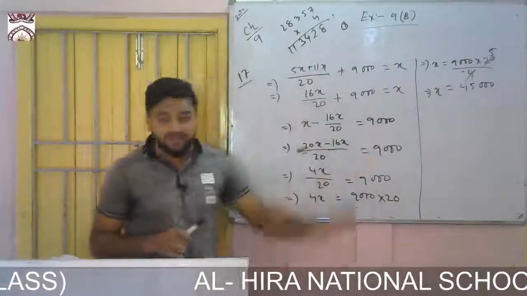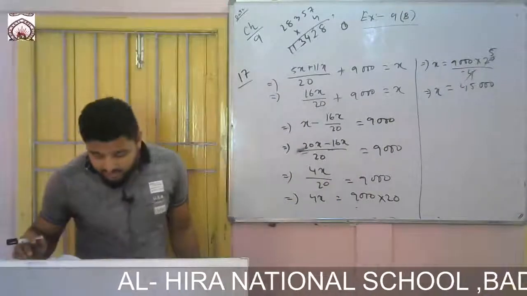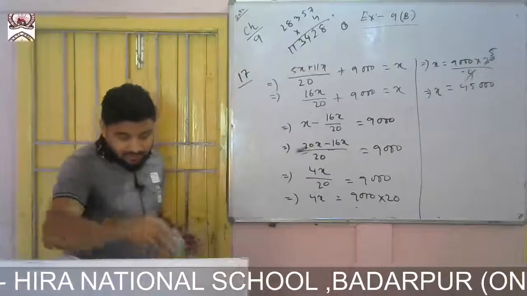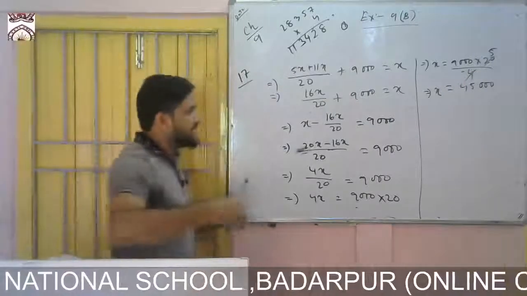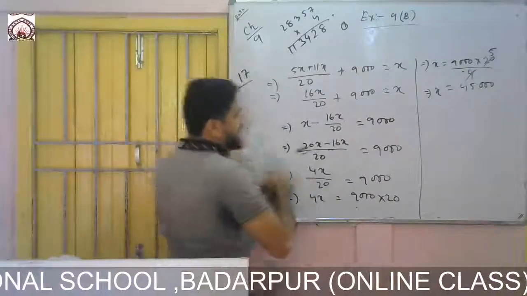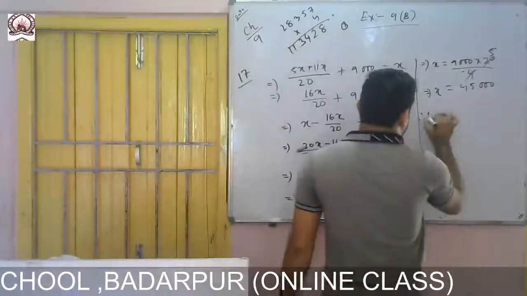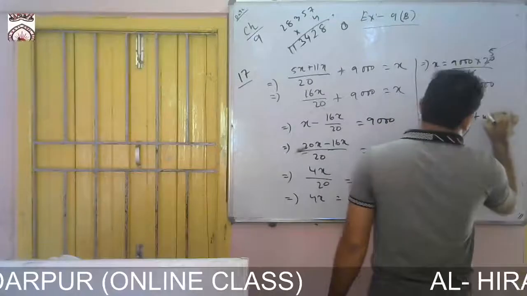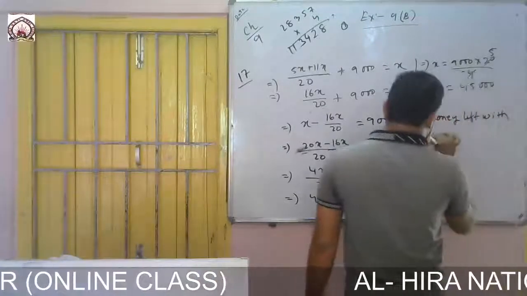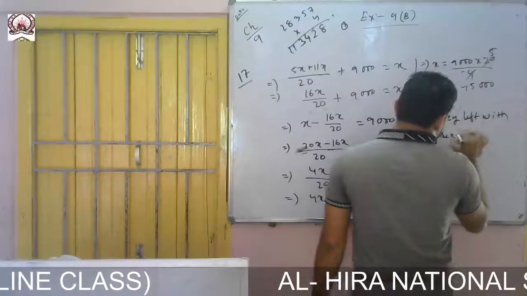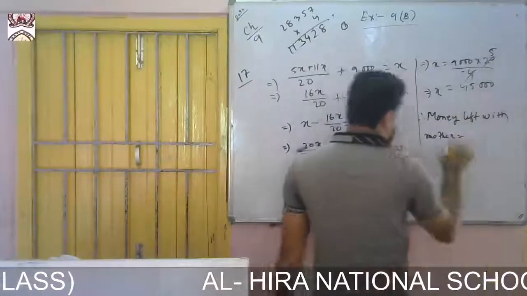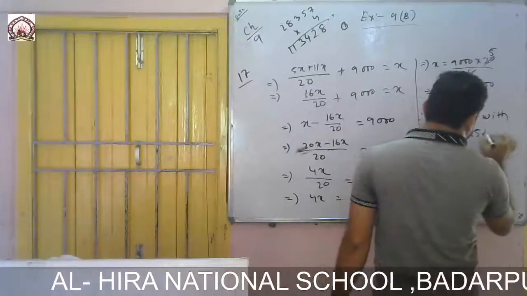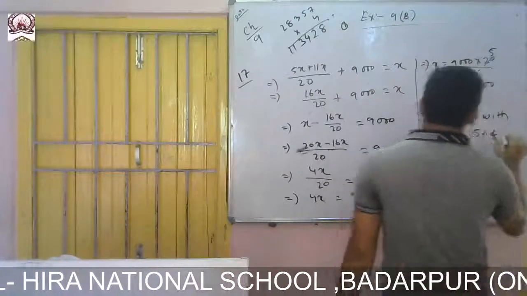Now among this 45,000, 25% of his money goes to the mother. Now write the money left with the mother. Therefore the money left with the mother will be 25% of the total money.